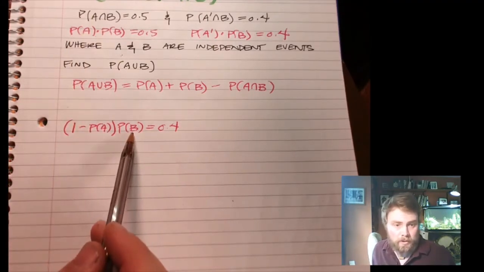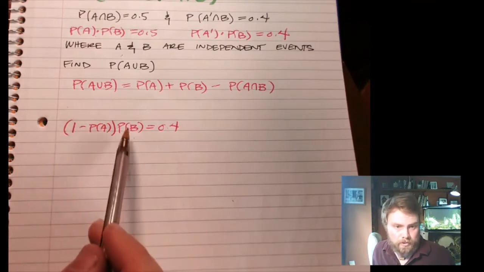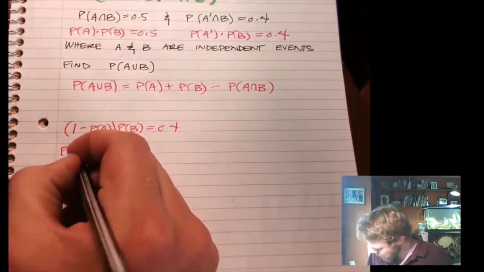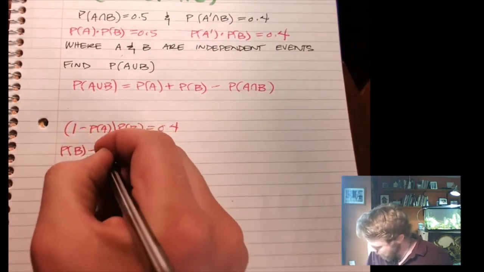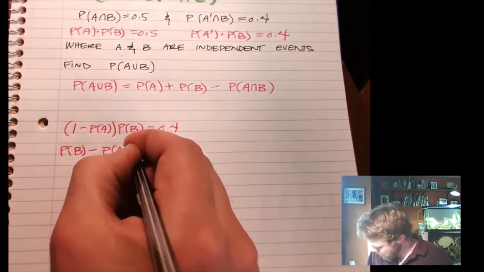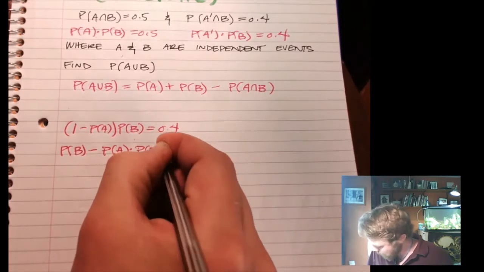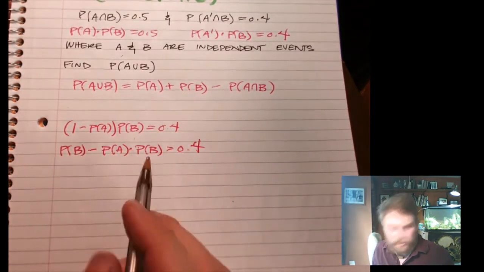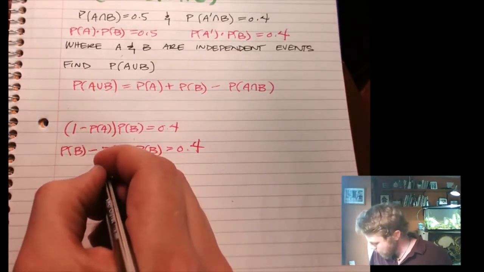So let's distribute this probability B in here, and it would read probability B minus probability A times probability B equals 0.4.